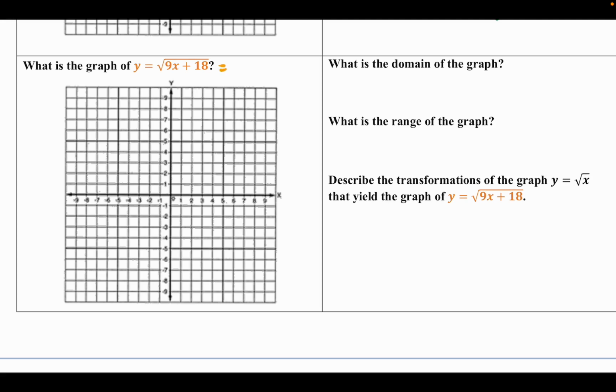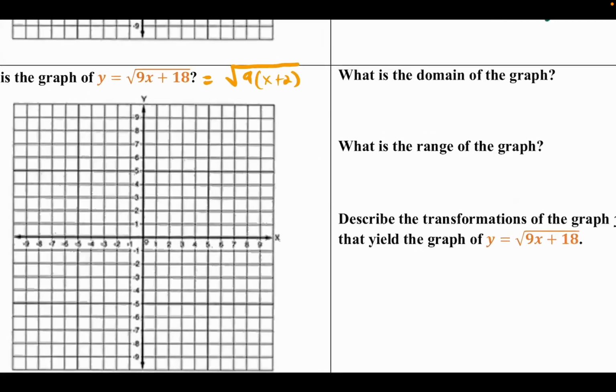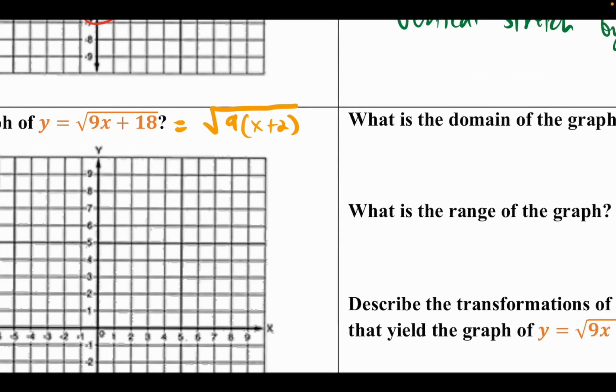I'm going to actually factor the inside of that expression. So by factoring, you can see that the 9x and 18 have a greatest common factor of 9. So I'm going to write that as 9 times the quantity x plus 2. And then what we know to be true about radicals is that if you have two separate things that are multiplied with each other, like m times n under a root, it's always true that you can write it as the product of separate roots of those things, so the square root of m times the square root of n.